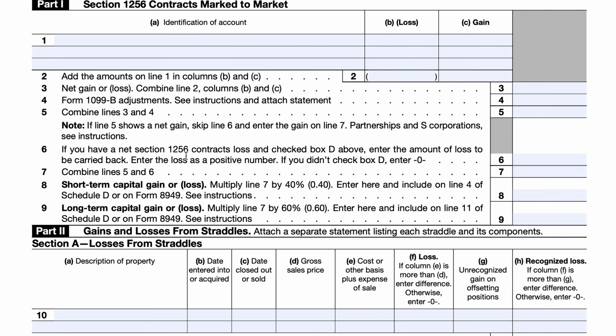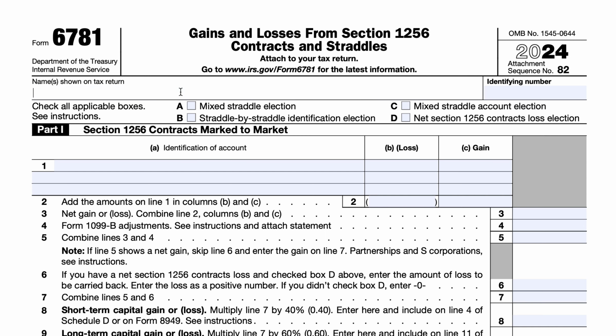So let's go ahead and start at the top of this form. We're going to go through our fictional heroes example, and we're going to first talk about all the applicable boxes that you might check.